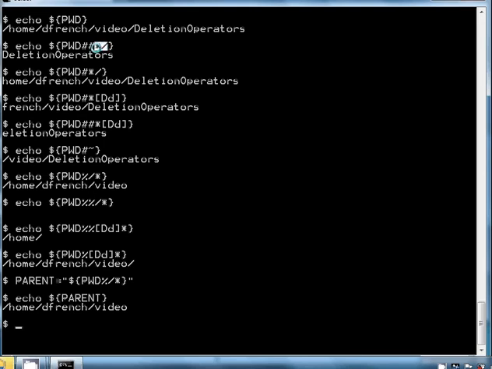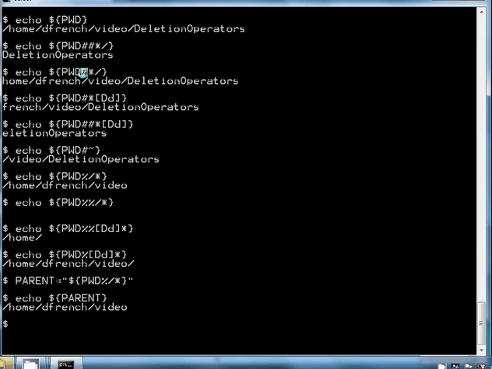That says to match 0 or more characters followed by a slash. Star slash would match all the way up to that slash, because that is the last slash in the value. So what you get back is simply the remaining portion of the value. We got back deletion operators out of that.